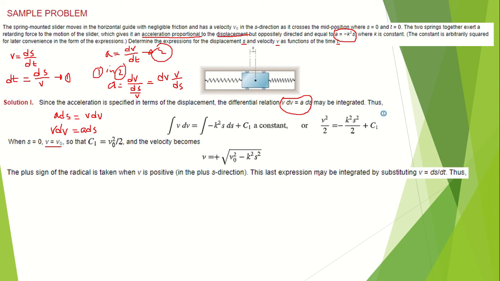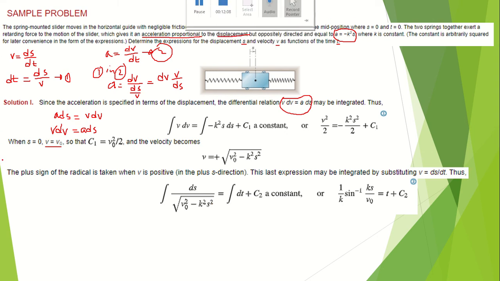This last expression may be integrated by substituting v equal to ds over dt. When you do that, we get the integral of ds divided by the square root of v sub 0 squared minus k squared s squared, equal to the integral of dt plus c2.